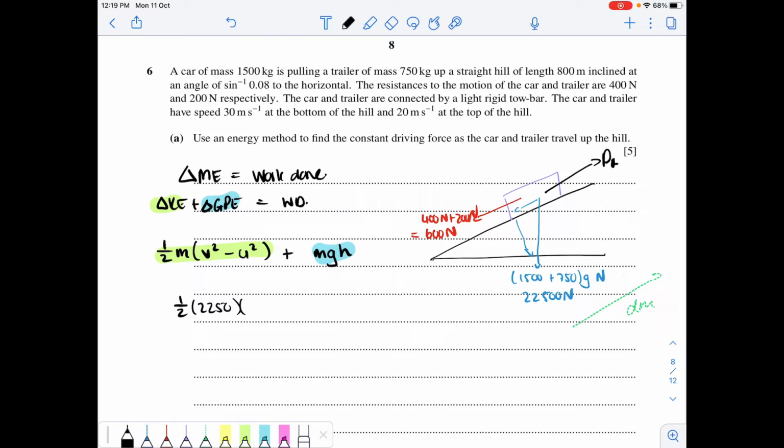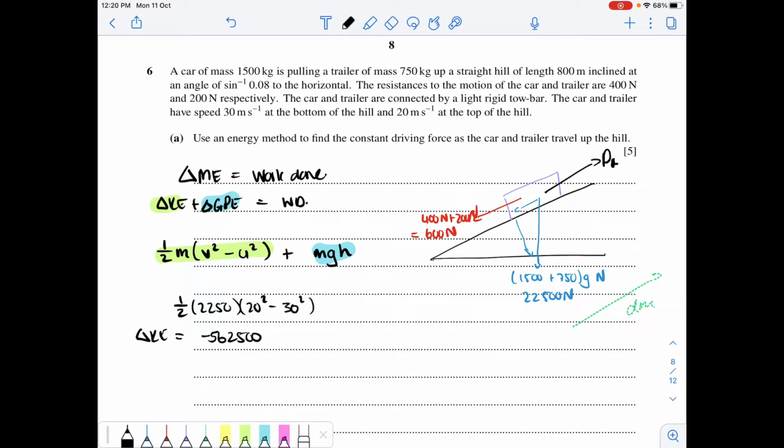We need the final velocity, which is 20 meters per second squared, and we're going to subtract the initial velocity squared. So we have 20 squared minus 30 squared, and we're going to divide that by 2 and multiply by 2,250, and we're going to get minus 56,250. There's my change in kinetic energy.